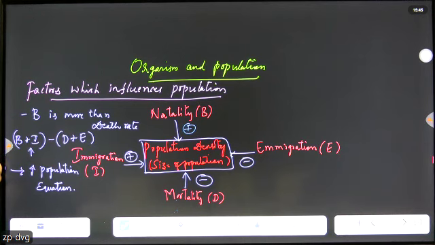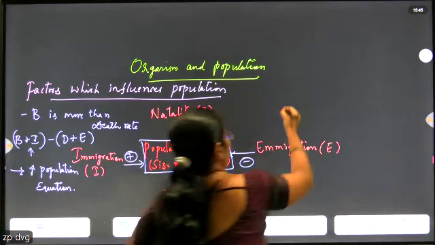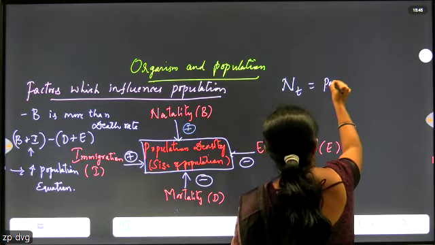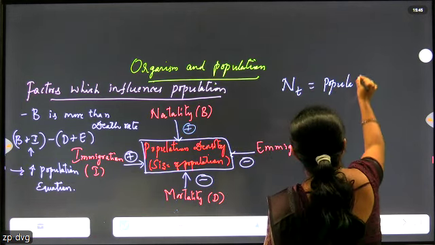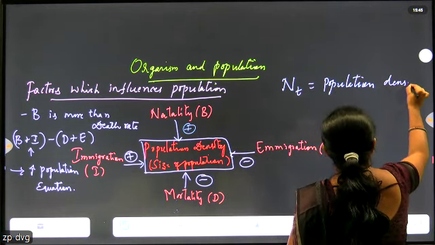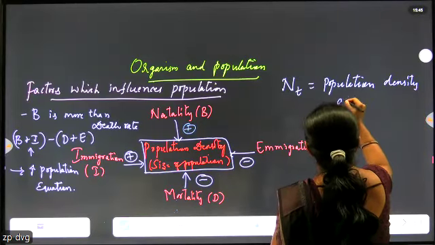And this population density we can explain by Nt. N is nothing but population density at time t.